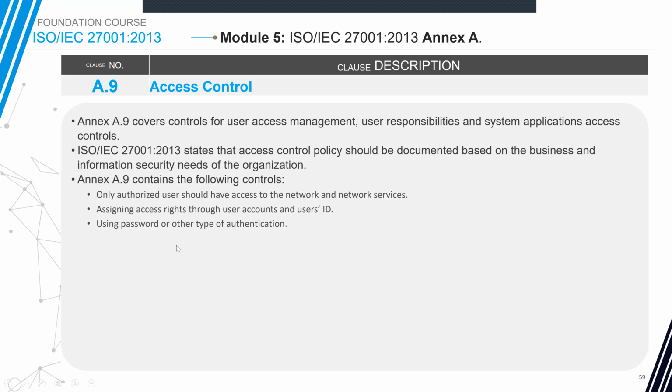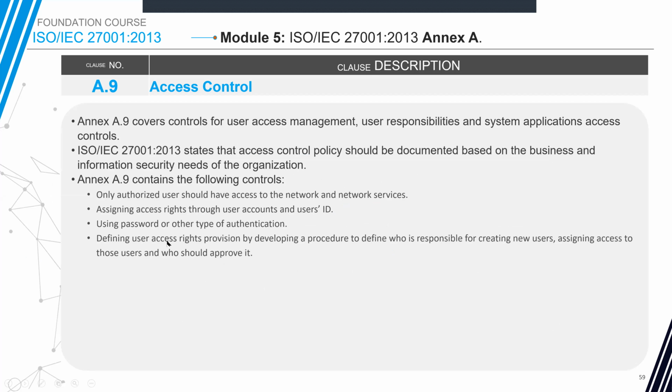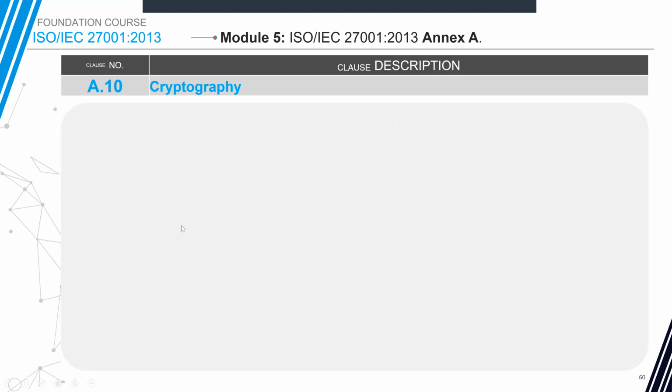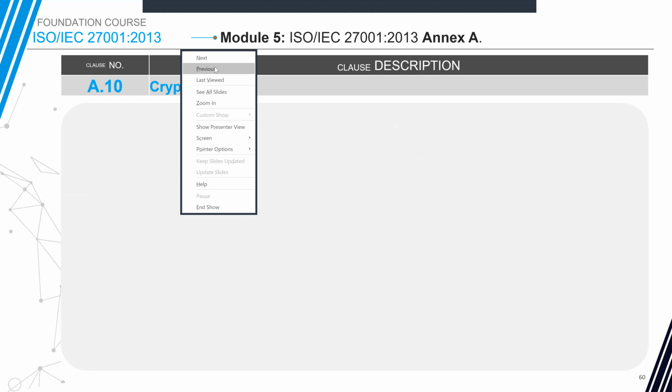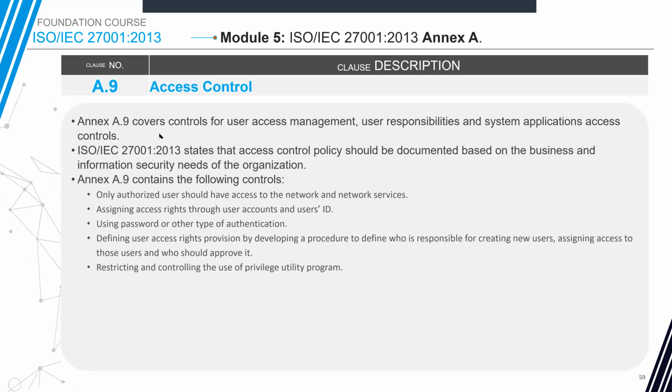But this is the access control, gentlemen. What is access control? Very simply, if you read all this, it will be covered by the AAA. I will go through it very quickly. Annex A control: user management, user responsibilities, and access control policy should be documented based on business and information security needs.